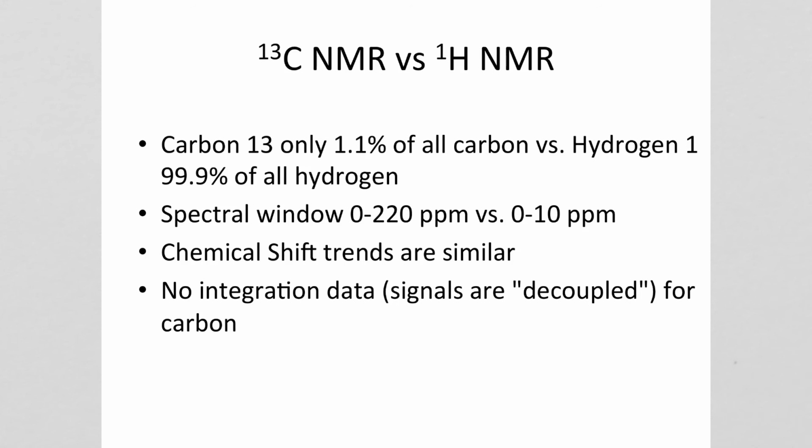The other big difference is the spectral window. In C13, as we saw in Chemactivity L3, we're looking at a window that is from 0 to 220 parts per million, versus 0 to 10 parts per million. The chemical shift trends are similar in that as either hydrogens or carbons are close to electron withdrawing atoms like halogens or oxygen or nitrogen, then they are shifted downfield away from TMS.